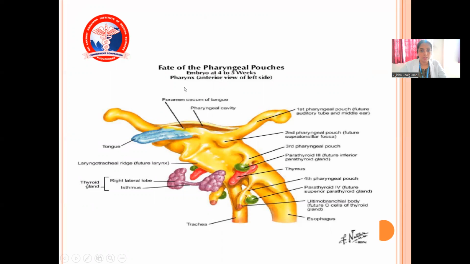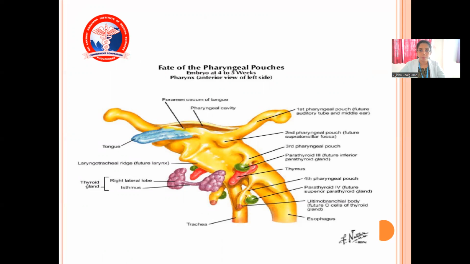So this is the final product of the pharyngeal arches, ectodermal clefts, and endodermal pouches. See, these are the important structures of the head and neck region or the foregut region or the pharynx region. So many vital structures are derived from the pharyngeal arches.